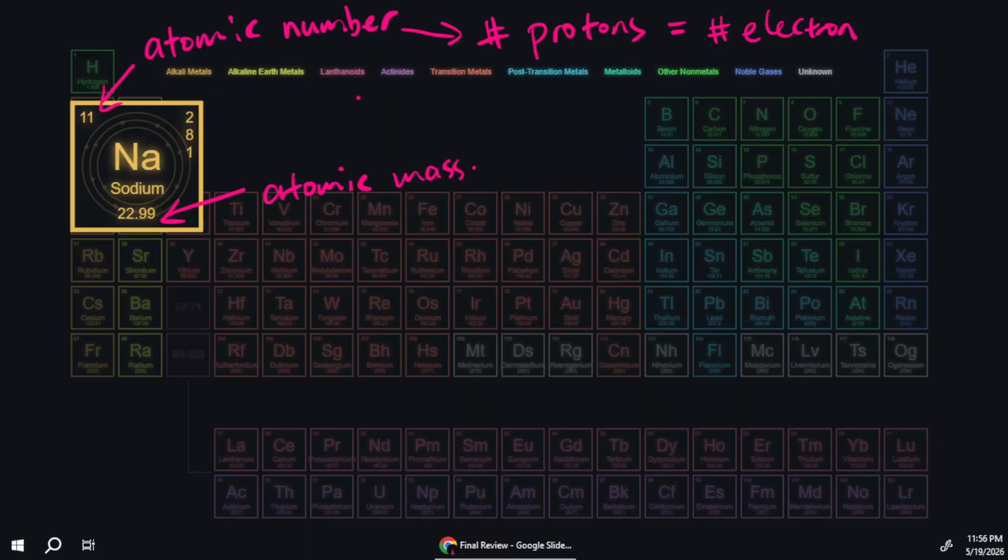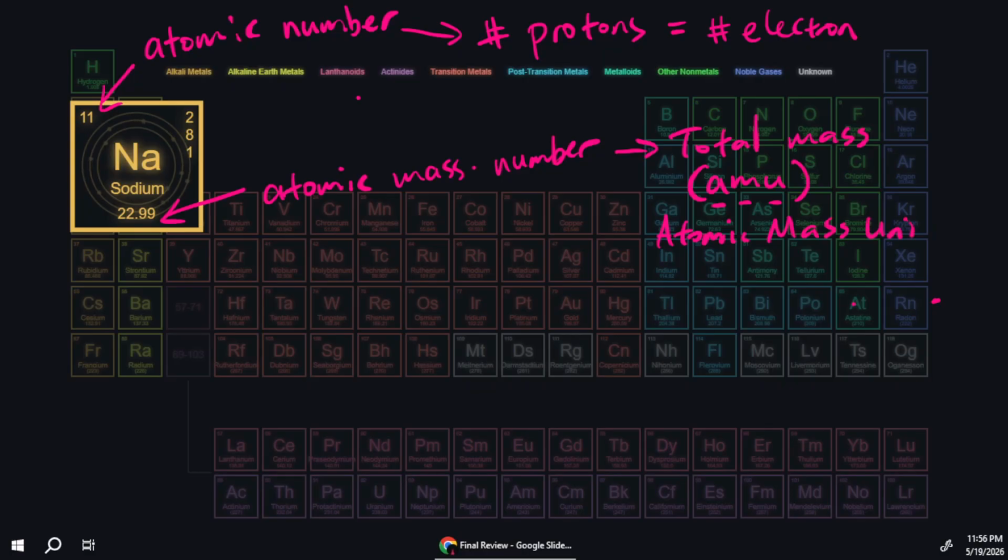And then down here is our atomic mass number. This number is the total mass of an atom. And we use AMU for atomic mass. It's called atomic mass unit. For protons, it has a positive charge and it has approximately 1 AMU.